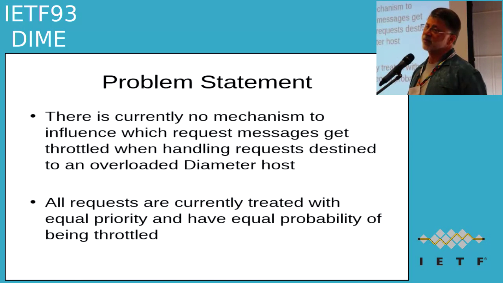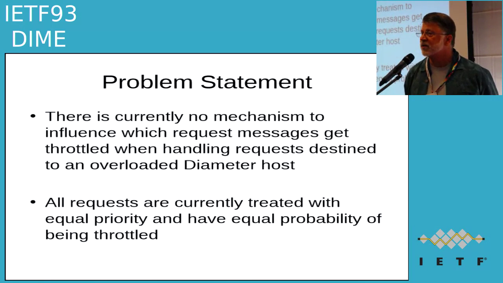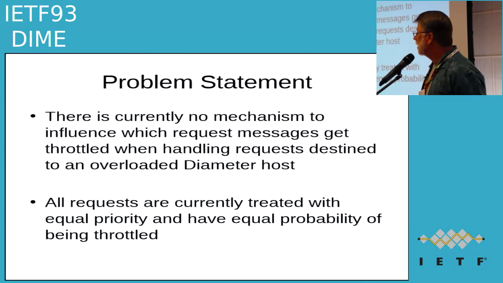There are scenarios, emergency responder type scenarios, natural disaster type scenarios, where there may be the desire to have certain requests given higher priority, or to decrease the probability that they will be hit by throttling in some of these unusual scenarios. Next slide.